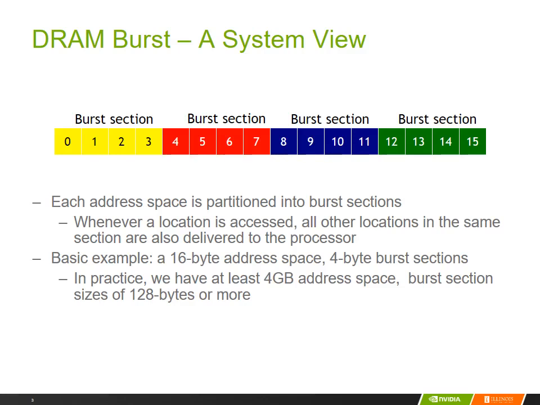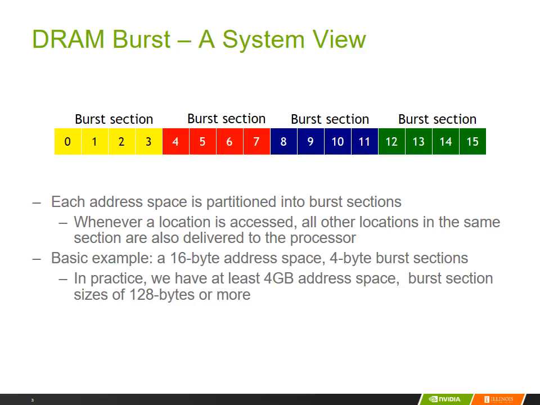Whenever any byte in the first section, colored yellow, is accessed, all the other bytes will also be delivered. For example, if we access byte 2, bytes 0, 1, and 3 will also be delivered through the interface. And if we access byte 10, bytes 8, 9, and 11 will also be delivered through the interface.